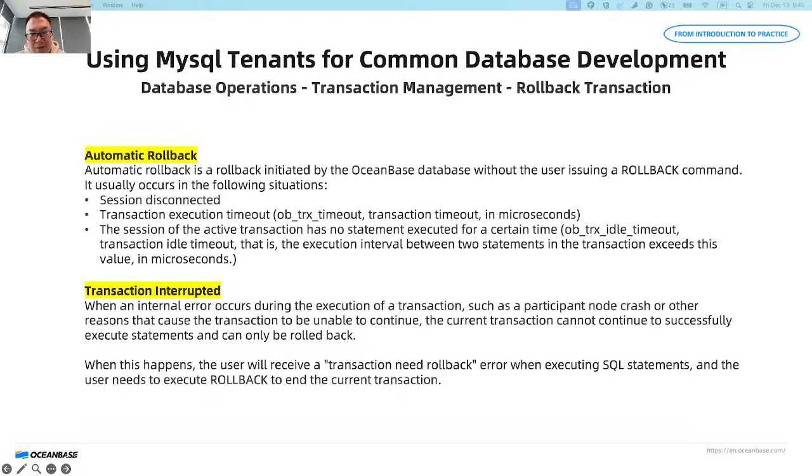When this happens, the user will receive a transaction need rollback error when executing SQL statements, and the user needs to execute the rollback command to end the current transaction.